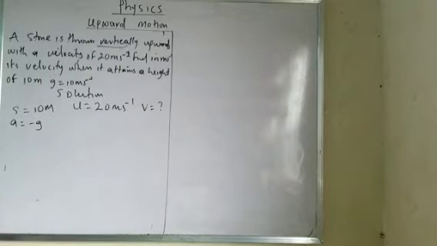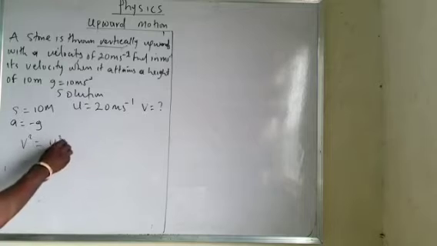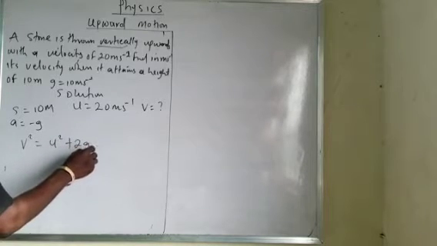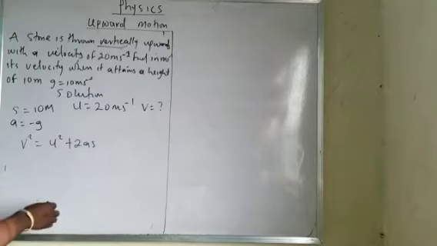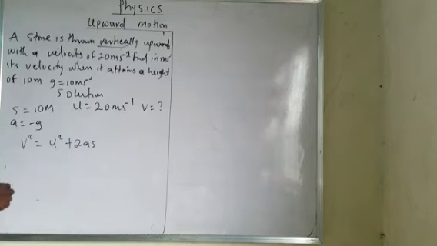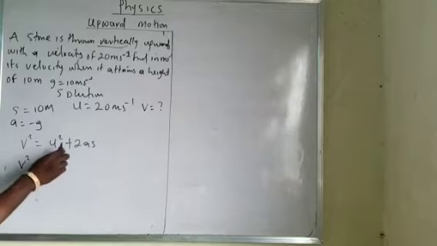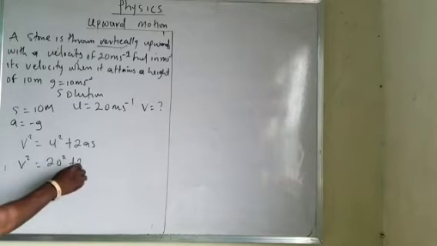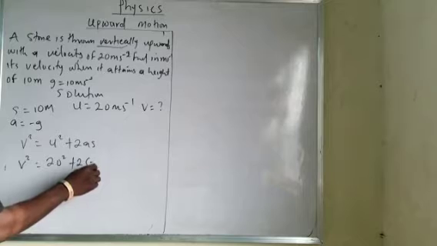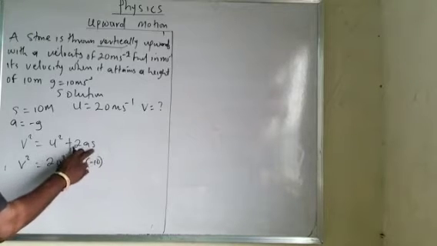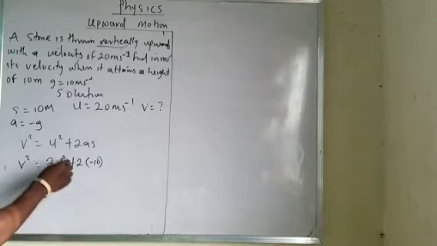Since I have this, I can say that v squared equals u squared plus 2ax. I don't have v. My u is 20, so 20 squared plus 2 times minus 10 times x, where x equals 10 meters.